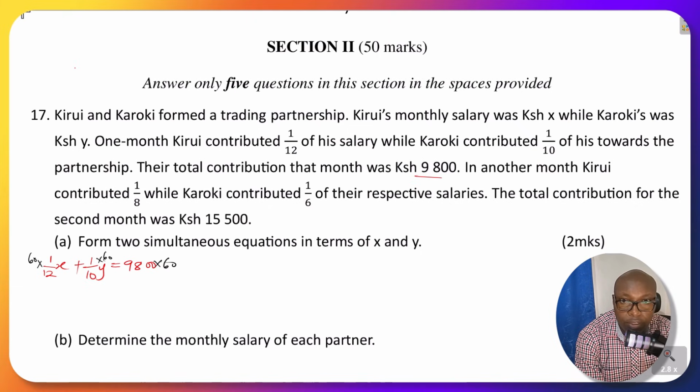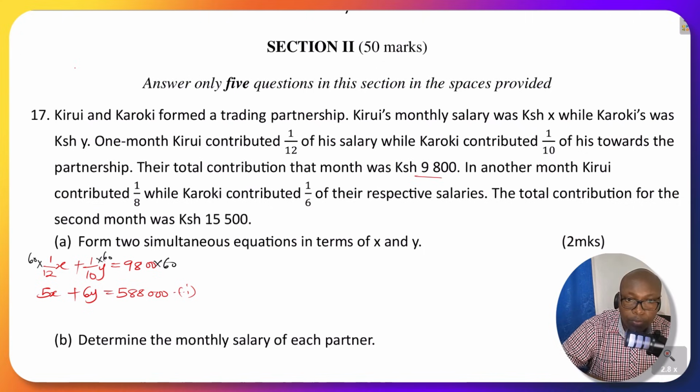So this gives 5x plus, 60 divided by 10, that will be 6y, is equals to, multiply these, 9,800 times 60, that gives 588,000. So that is the first equation.